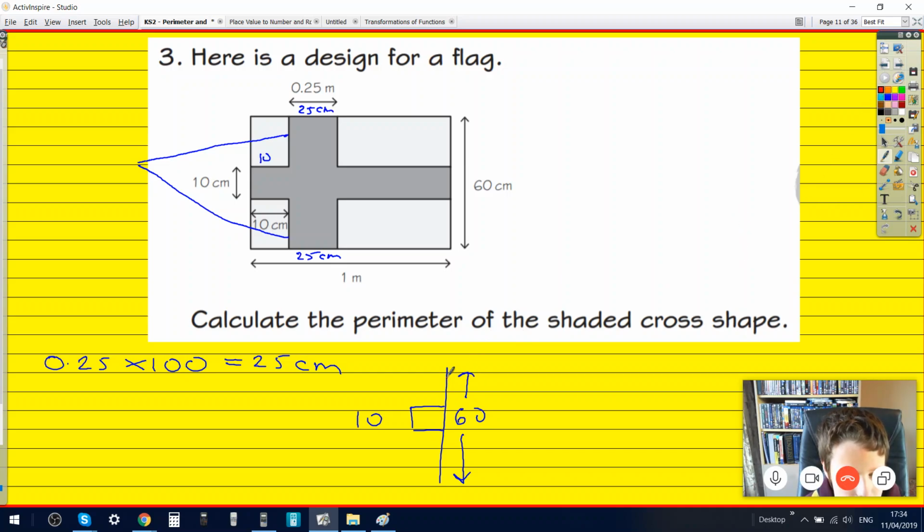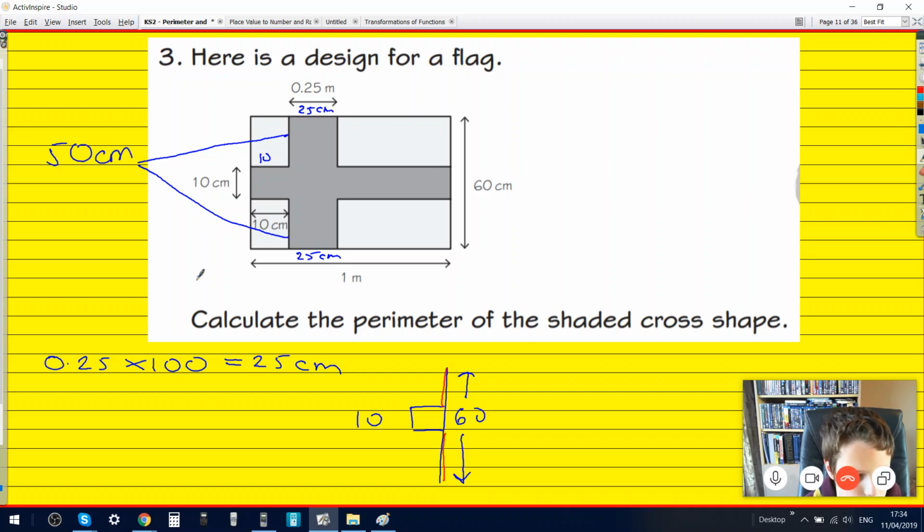So they must be 15. Yeah, 15. No, 50. Okay, so if this is 10, then these two must be 50, so that they add up to 60. And so what do you know about the two opposite sides? Well, they're both also 50. So those two added together must be 50.